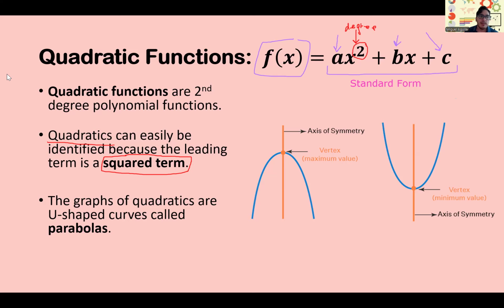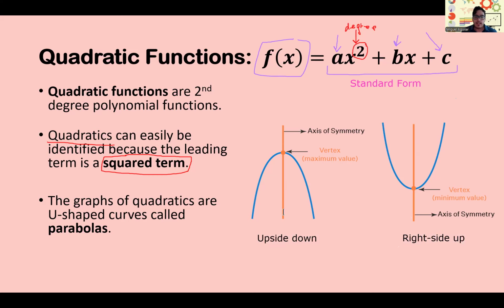But what we're going to get into is this fact that when we graph quadratic equations or quadratic functions, you're always going to get a U-shaped graph. And that U-shaped graph may be right side up or it may be upside down. So if we look at this picture on the left, this is upside down compared to this U-shaped graph, which is right side up.